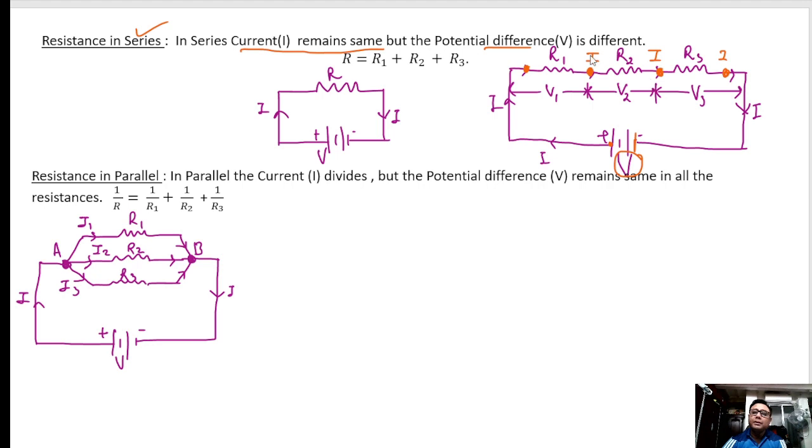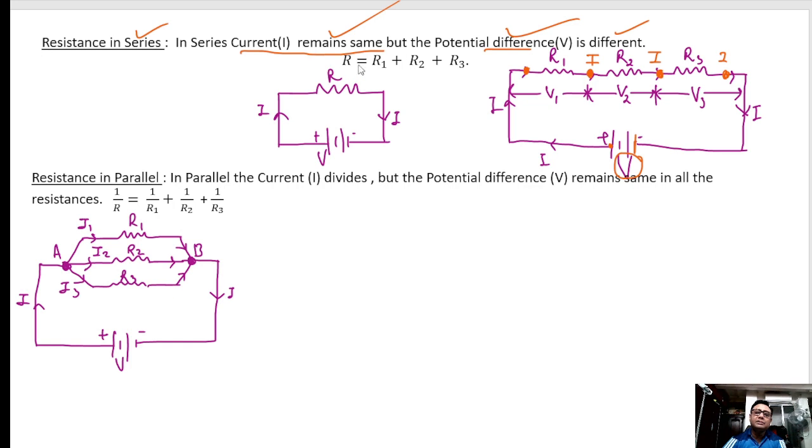So in series, the potential difference is divided, but the current remains the same. And the net resistance in series is the sum of all the resistances.